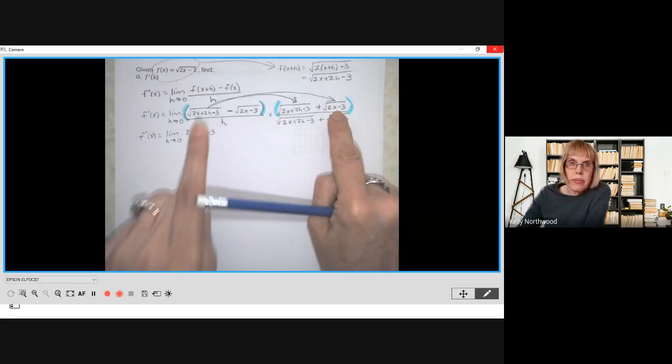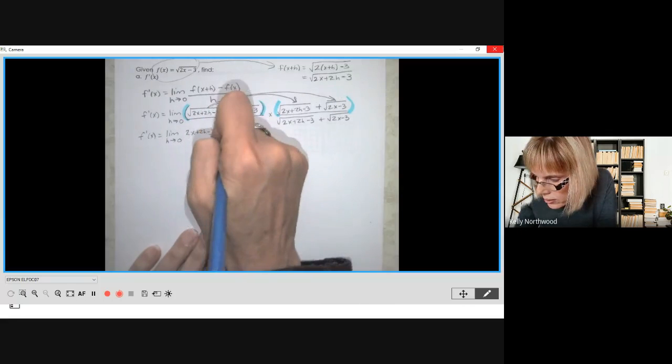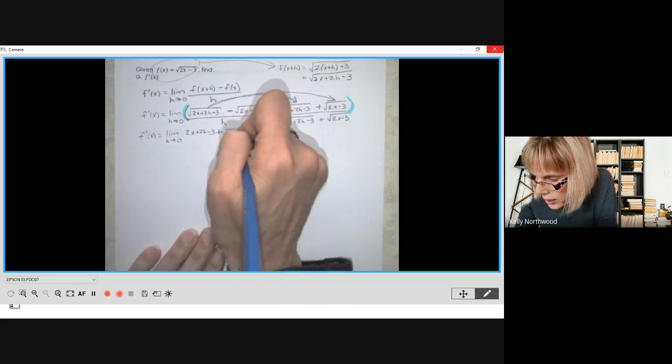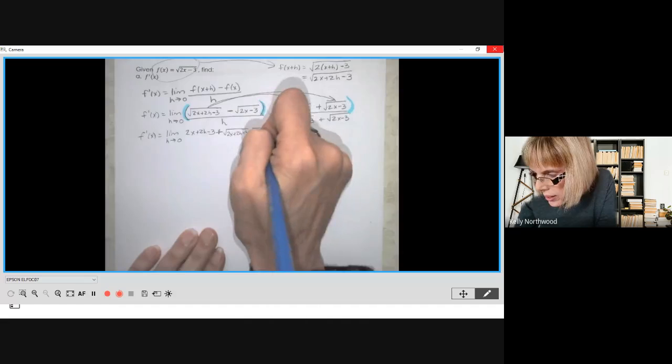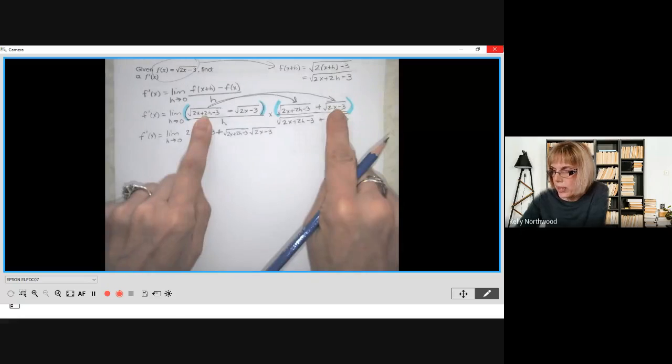So I just end up with a really ugly term that looks like this. So root of 2x plus 2h minus 3. And then if you write another root directly beside it, it means multiplied by root of 2x minus 3. So it doesn't look pretty, but it just means these two multiplied together. That's my second multiplication.